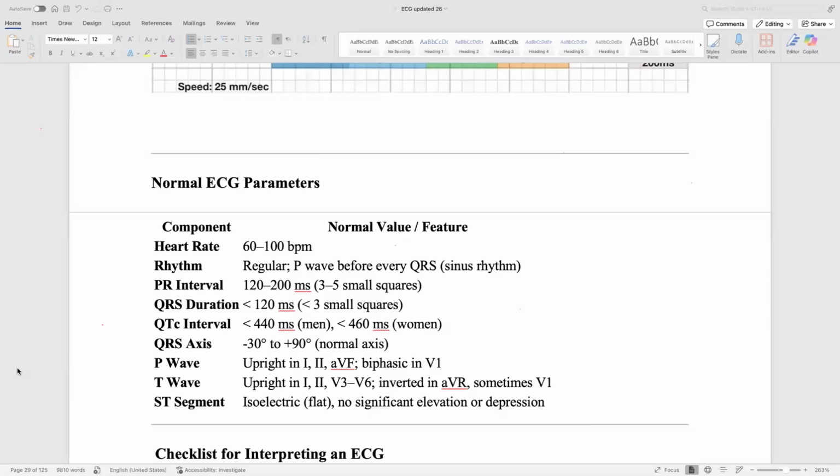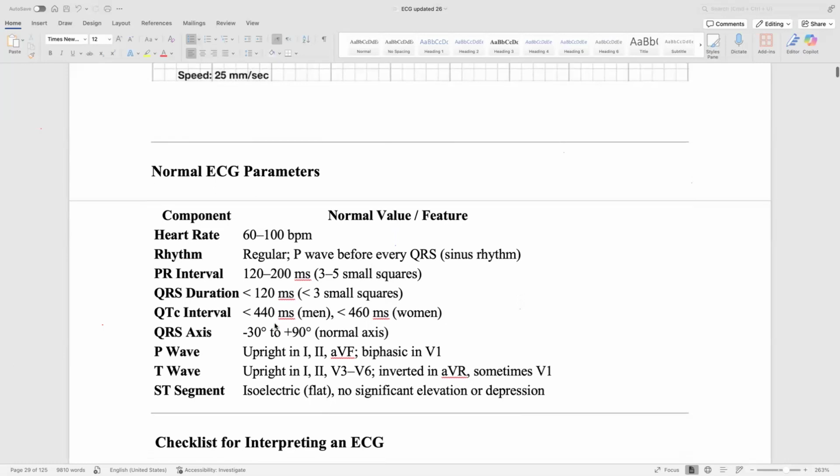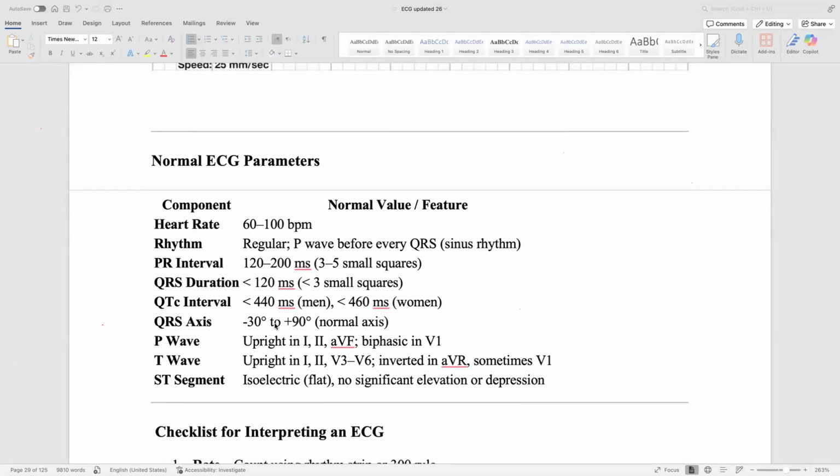All right. So that is the PR interval. The QRS is the depolarization of the ventricles. Come here. We have two ventricles. Why is there one wave normally?